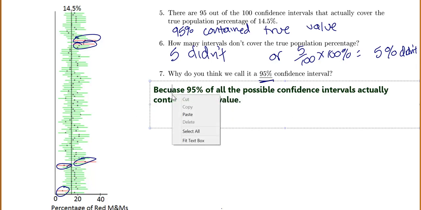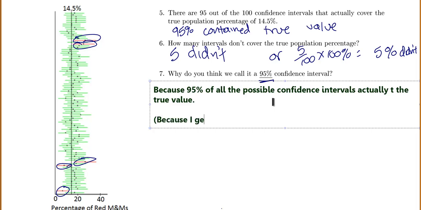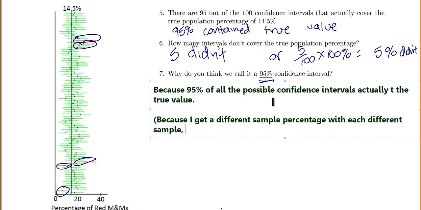And let's write just a little bit more. Okay, so let's just write ourselves a note. Because I get a different sample percentage with each different sample, I get a different confidence interval each time.